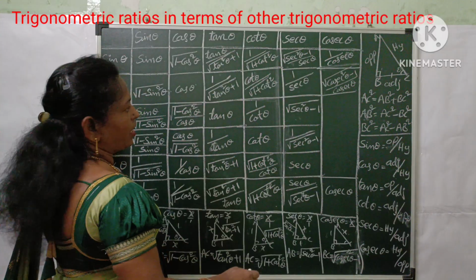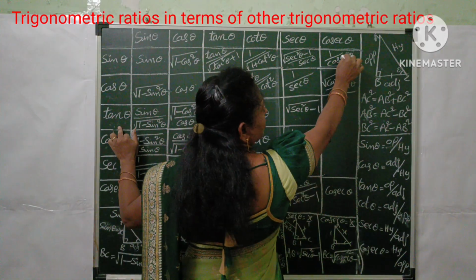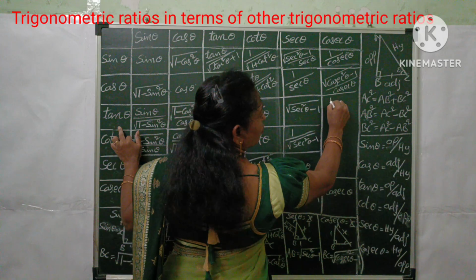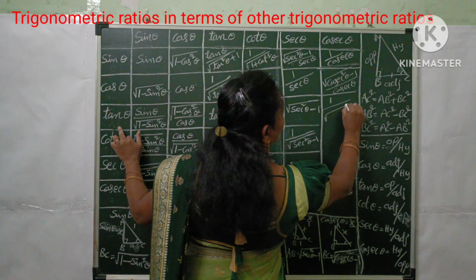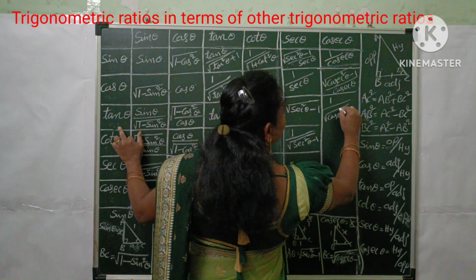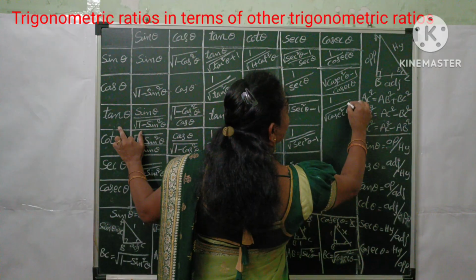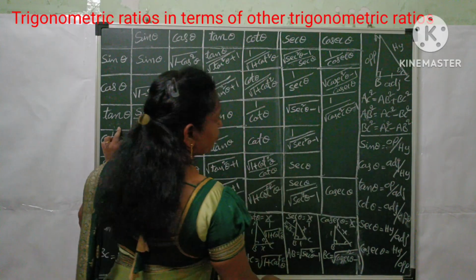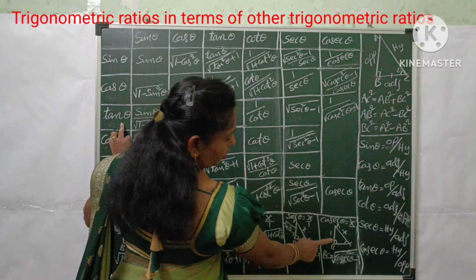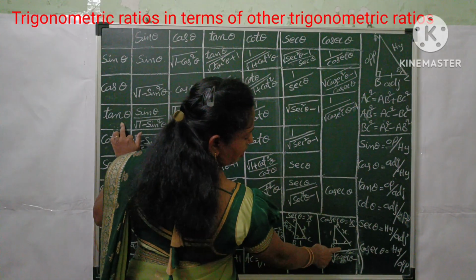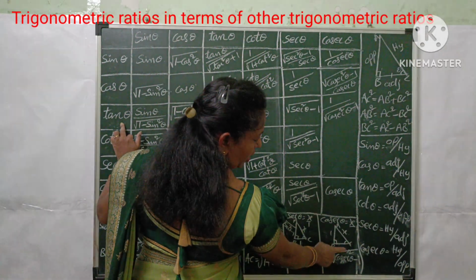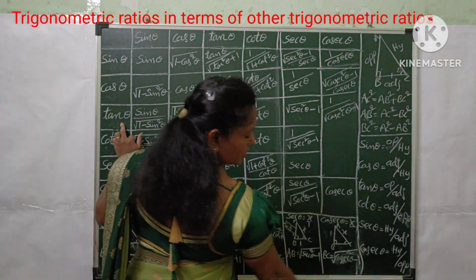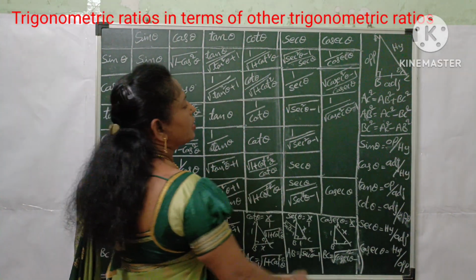Next, tan. Tan theta means cosecant by cosecant, denominators cancel, then 1 by square root of cosecant square theta minus 1. And also here check it. Tan theta, what is it? Opposite by adjacent. Opposite is 1, adjacent is square root of cosecant square theta minus 1. Okay, clear?